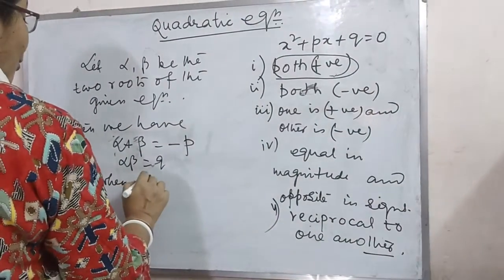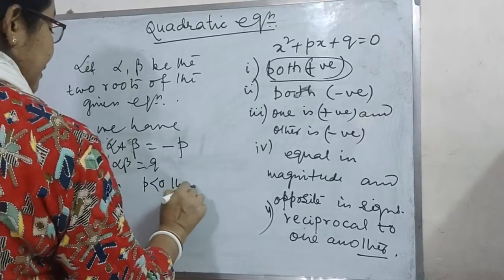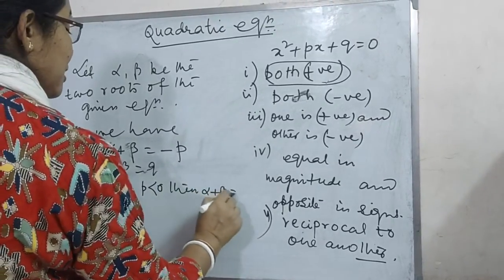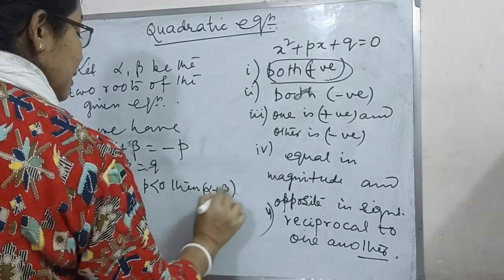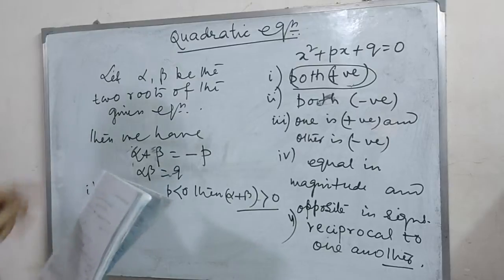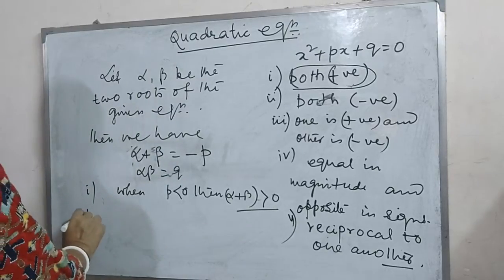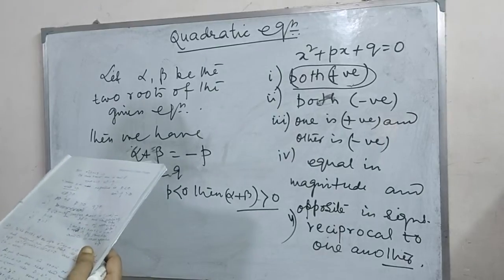That means when p less than 0, alpha plus beta greater than 0 and both roots are positive.